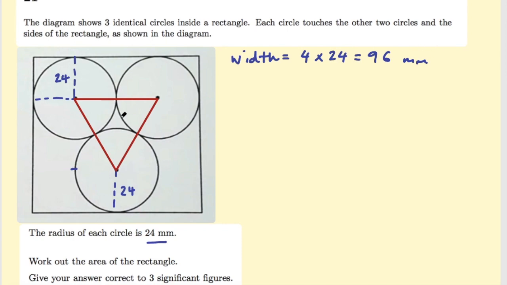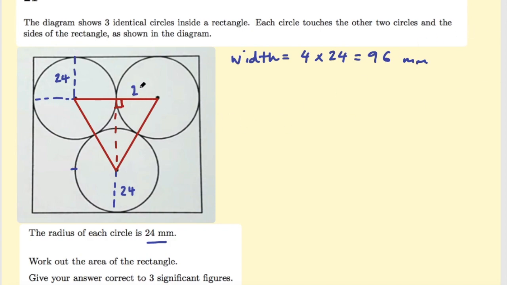And what we know about an equilateral triangle is that it is made up of two right angle triangles. And that helps us because using Pythagoras' theorem, we can find this length inside this triangle. And we know enough information to find what that height is.